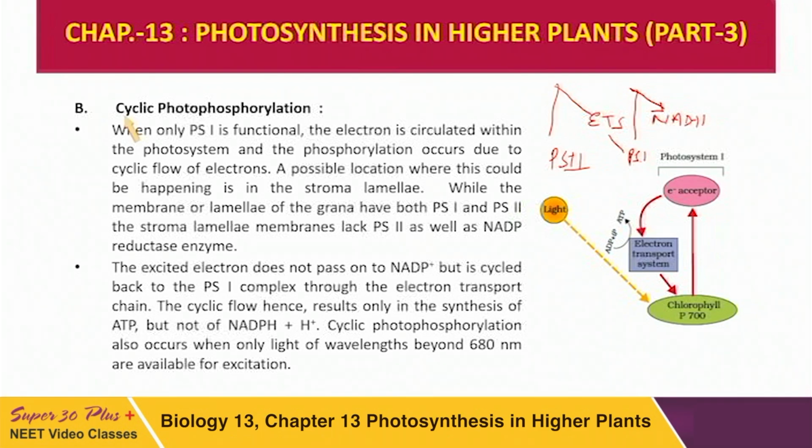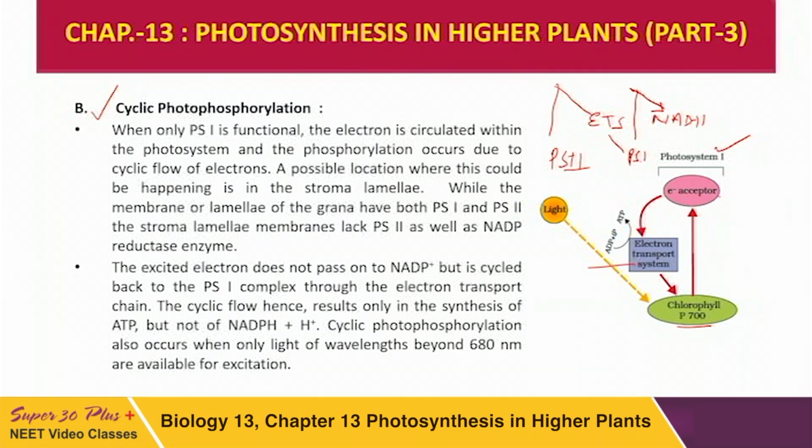The second one is cyclic photophosphorylation. As the name indicates, here the light will be trapped by the photosystem. This is photosystem 1. The photon will excite the reaction center of this, that is P700. Electron will jump, will be accepted by the electron acceptor, and then it will go to the electron transport system.